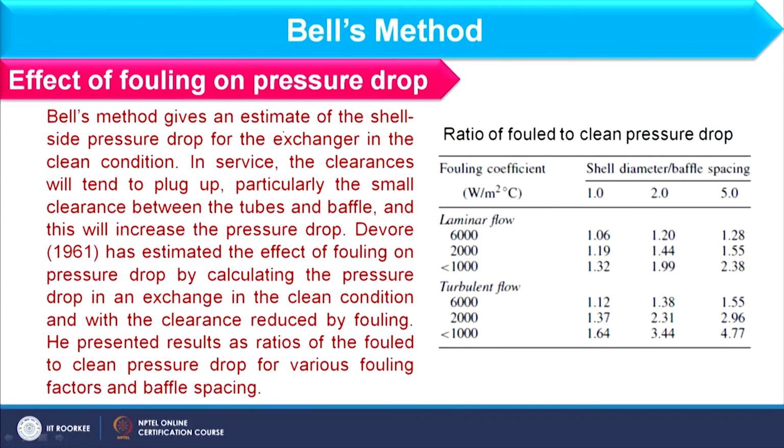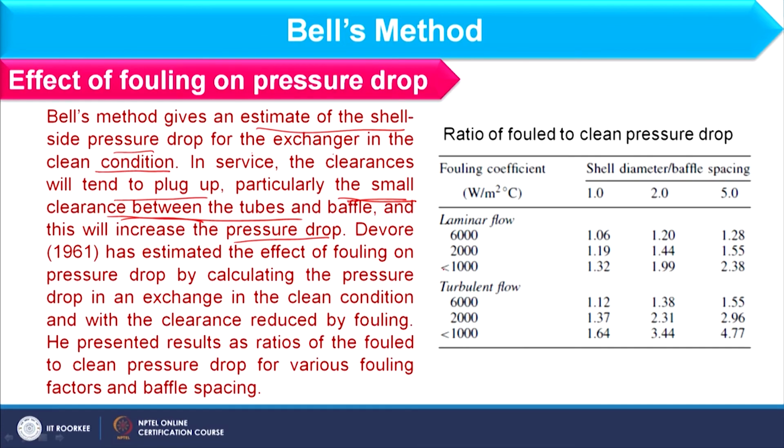Okay. So, in this way we should consider pressure drop with baffle spacing, and here we have the effect of fouling on pressure drop. Okay. So, Bell's method gives an estimate of shell side pressure drop for the exchanger in clean condition, right. In service, the clearances tend to plug up, particularly the small clearance between tubes and baffle, and this will increase the pressure drop. Okay.